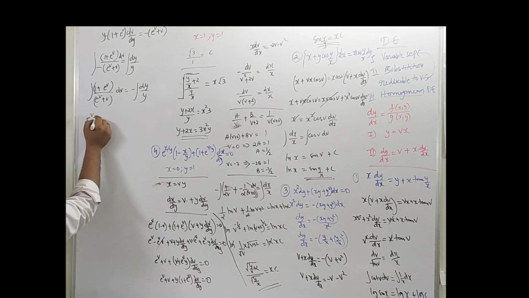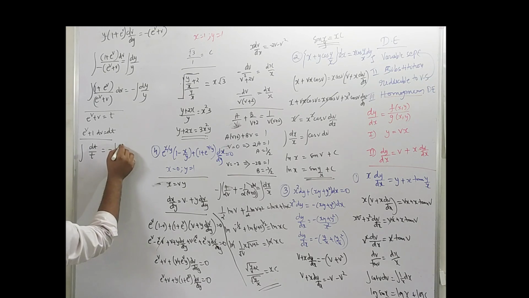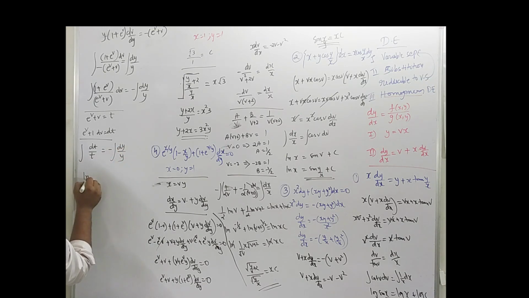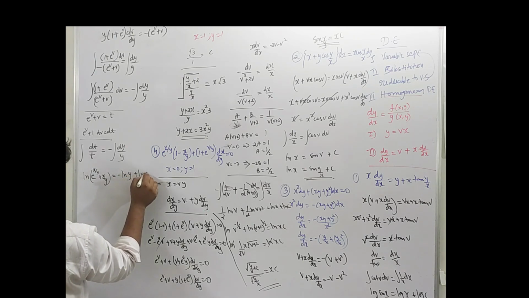Let's put e^v plus v equal to t, differentiating with respect to v. So (e^v plus 1) dv is equal to dt. So with this substitution, it becomes dt by t is equal to minus dy by y. So it will be ln (e to the power x upon y plus x upon y), and this would be minus ln y and plus let's say ln c.